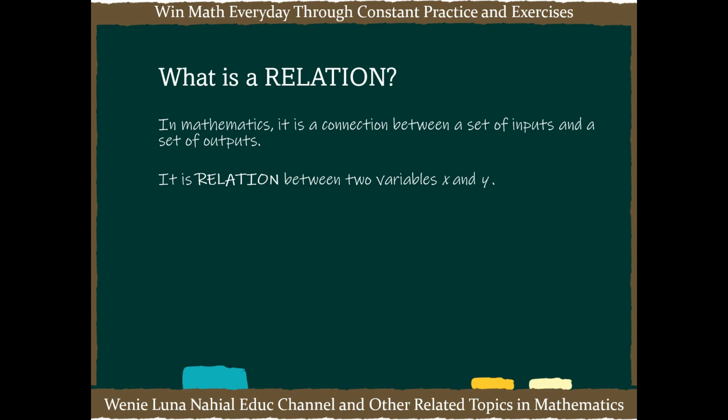So there are two variables involved here. Then it is a set of ordered pairs. So we can also see a relation in terms of ordered pairs. We say it's an ordered pair because the first component is the abscissa and the second component is the ordinate.